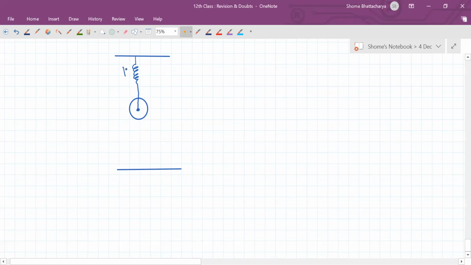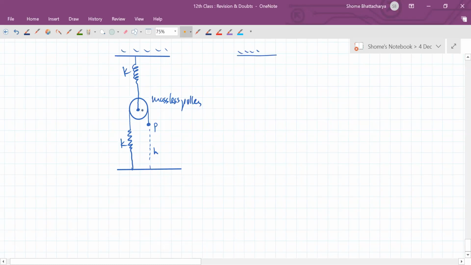This was a spring of constant K, and this was another spring of constant K, with the massless thread and massless pulley. This distance here was H. We have to find the force with which we should pull that point so that it reaches the ground over here. So I got the constraint relation wrong.